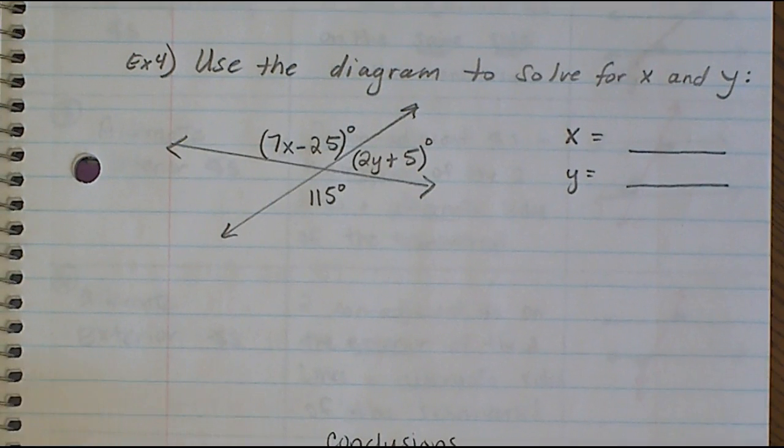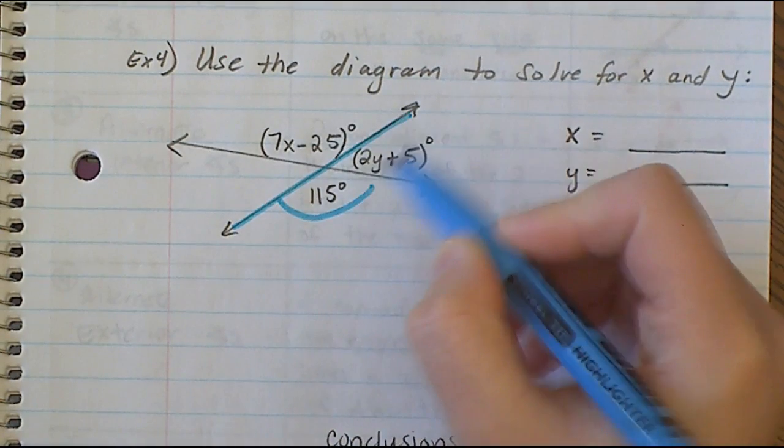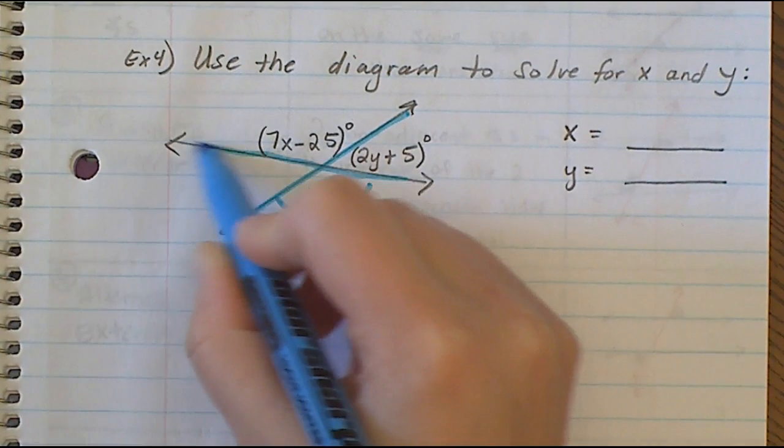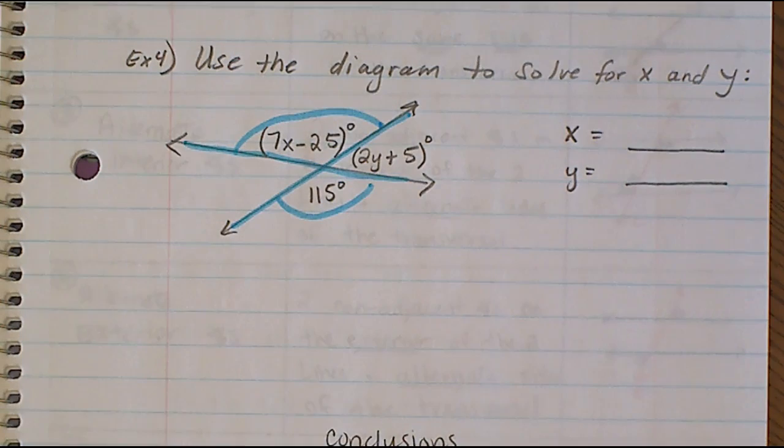Example 4 is a little different, so this one uses algebra. Use this diagram to solve for x and y. So a couple of things that I would notice in this diagram, the 115 degrees would be vertical with that angle there.